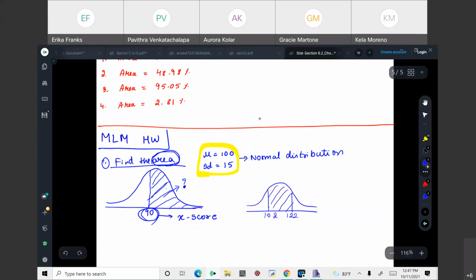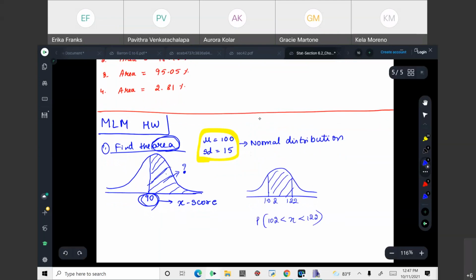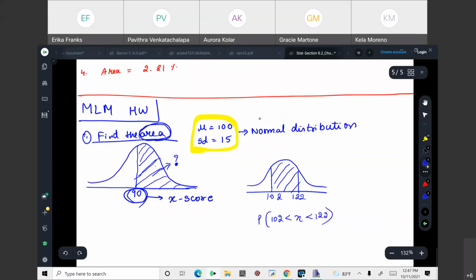For example, if your mean and standard deviation are the same, then your X values are between 102 and 122. For the first problem, the shaded region is to the right. That means it is greater, greater than 90.